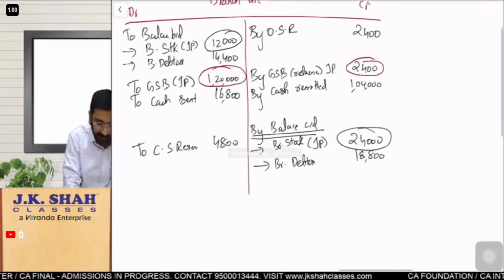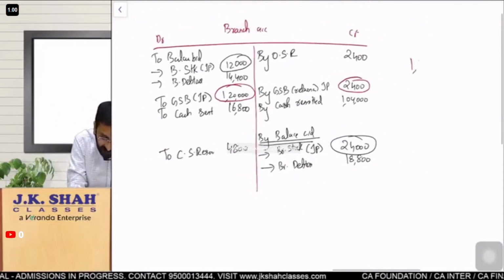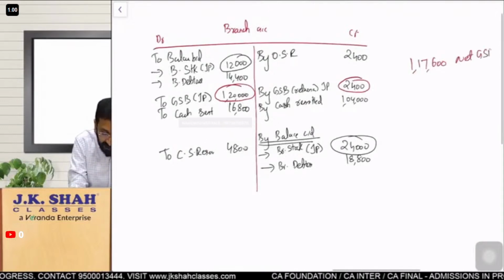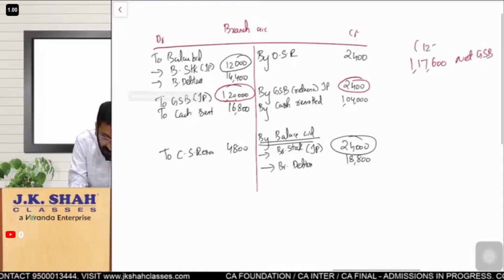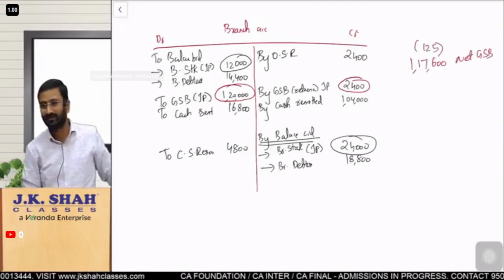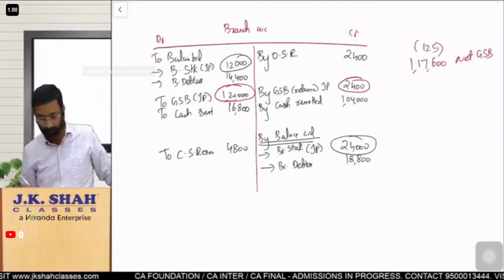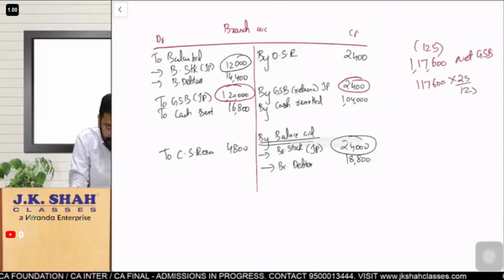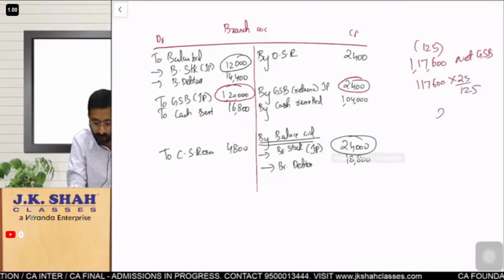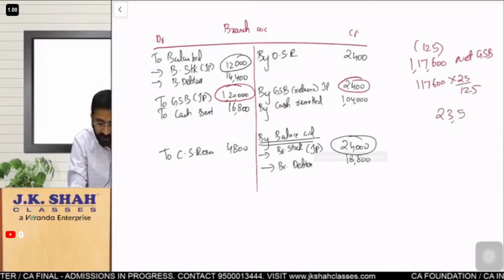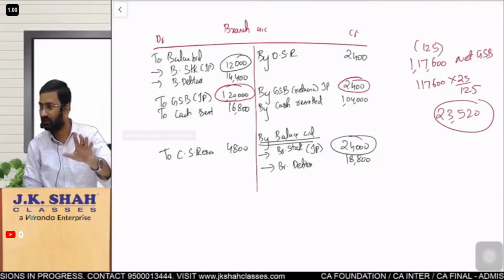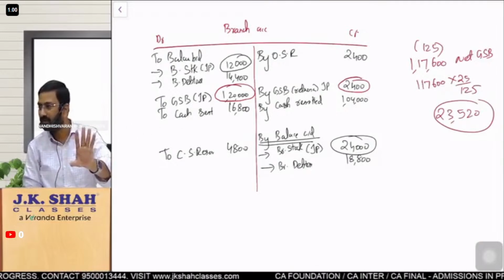So what is the net sent? 117,600 is the net goods sent. And this net goods sent represents 125 value, at invoice price. So for the loading, 117,600 into 25 by 125 gives 23,520. This is the loading in net goods sent. Shall I explain that part once again? Understood.